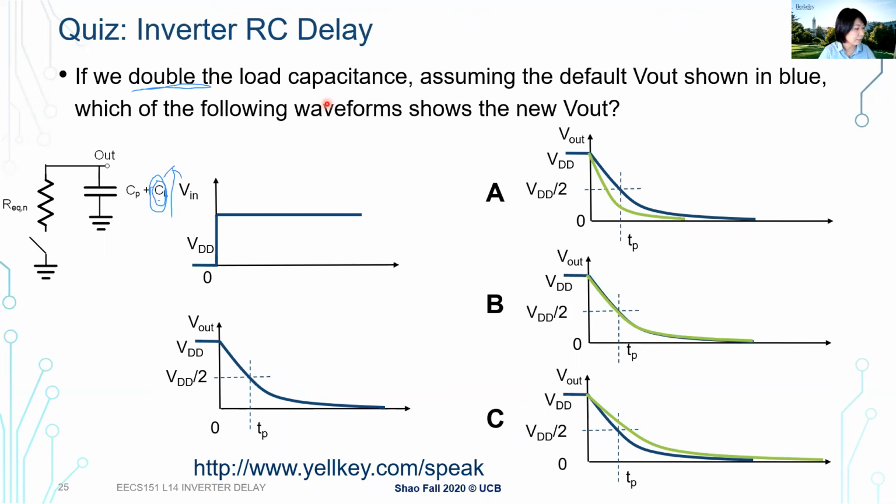Which is the right V out transition behavior? Is it faster, the same, or slower? Speak up, everyone. How would my circuit behave if I have a bigger load capacitance?